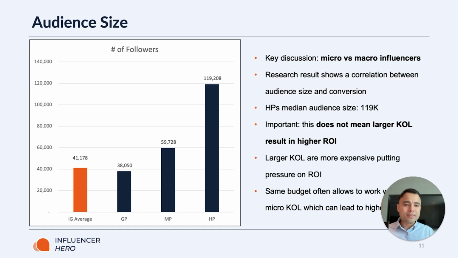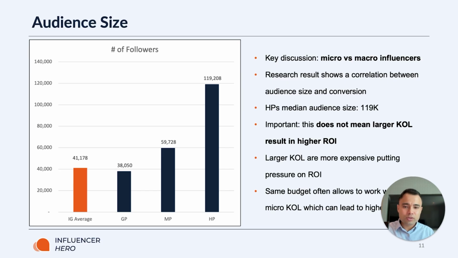Now, this doesn't mean, however, that macros lead to higher ROI, because macros tend to be more expensive, right? So for one macro, you can probably work with a few or multiple micro influencers, which in terms of total impact could be higher than a macro, right? So this discussion goes back and forth. Frankly, we have seen different things with different clients.